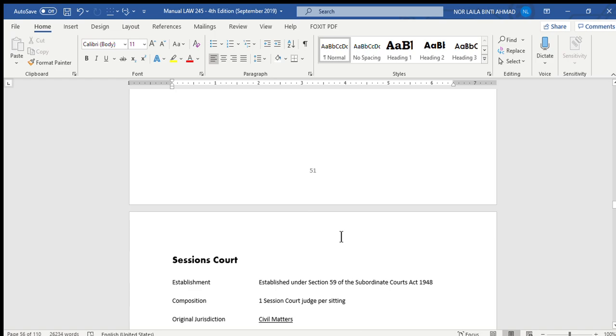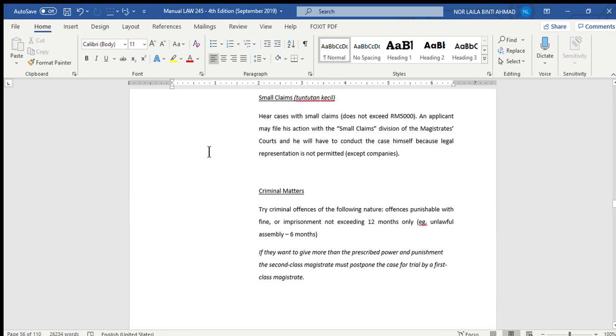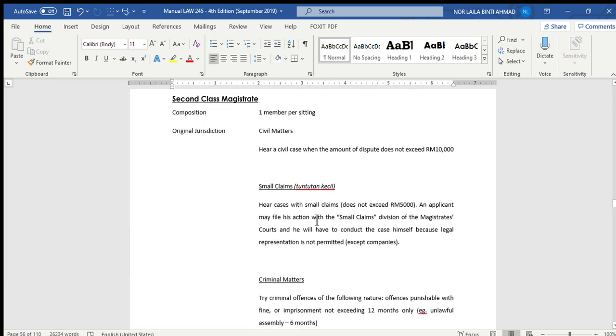Previously, if you notice, we also had a penghulu court, but nowadays I don't think there are still penghulu courts. Because previously we had penghulu courts, the first-class magistrate also has an appellate jurisdiction, which is to hear appeals from the penghulu court.